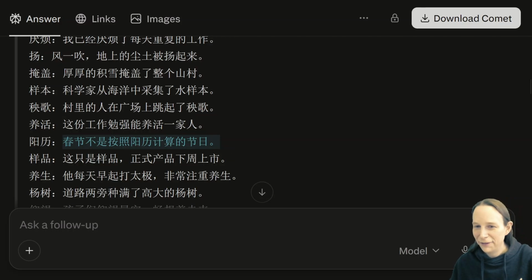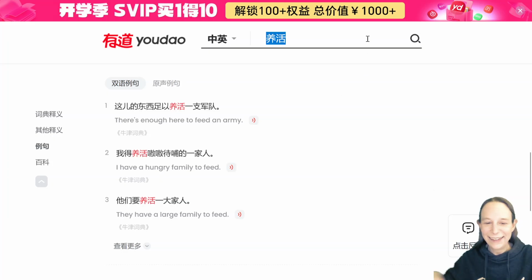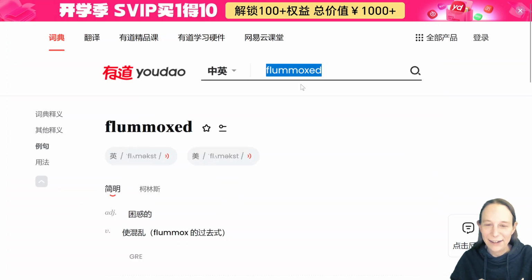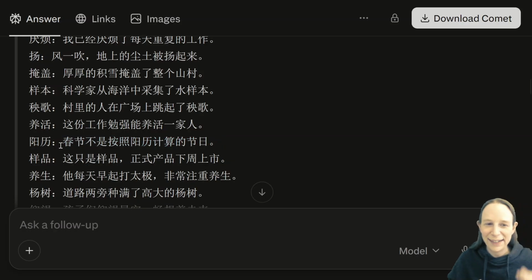I kind of failed at my attempt to pronounce this. 春节不是按照阳历计算的节日. So Spring Festival is not a festival calculated according to the solar calendar. They use the 阴历, the lunar calendar.